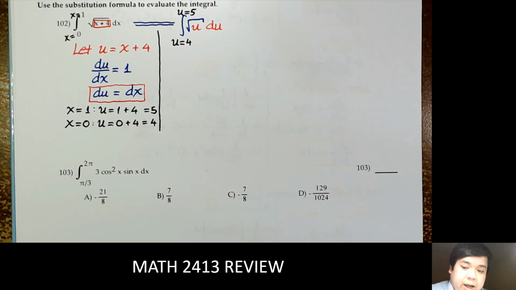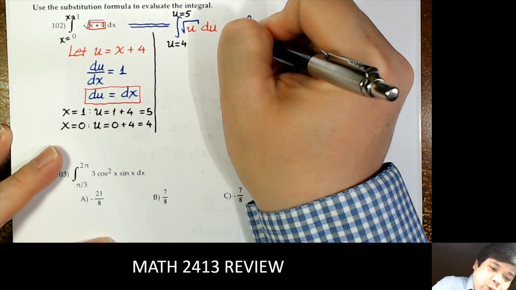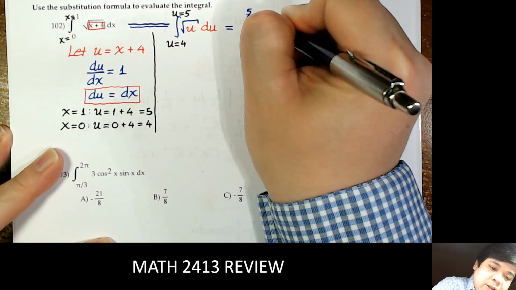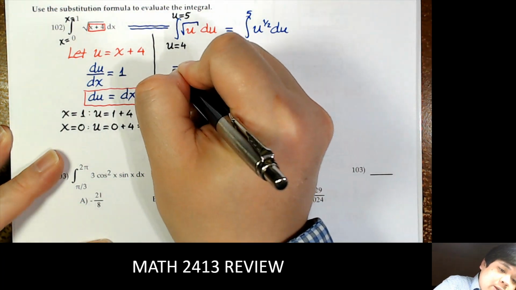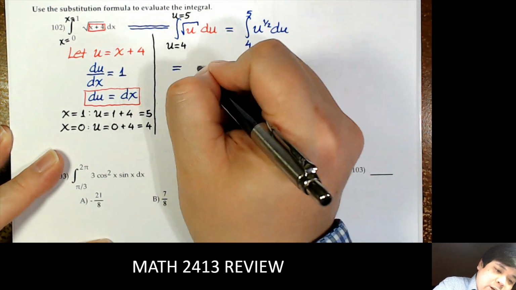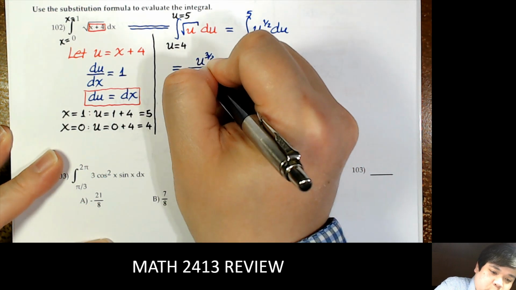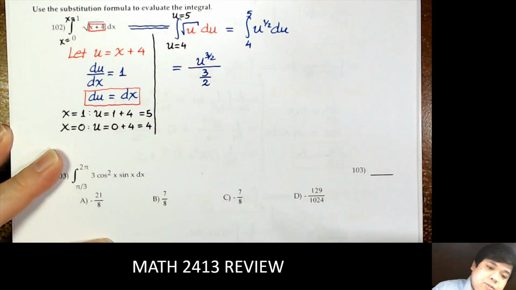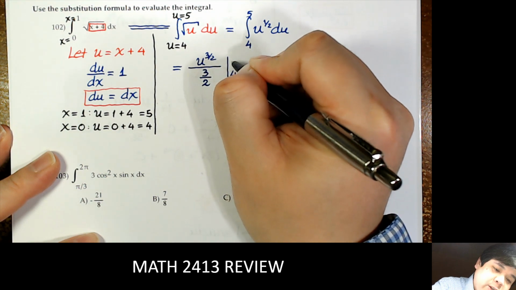Right, and then we just integrate. So u equal to 4 to 5, u to the 1/2 du. So integrate: 1/2 plus 1 is 3/2 over the same thing as a power, and then go from 4 to 5.